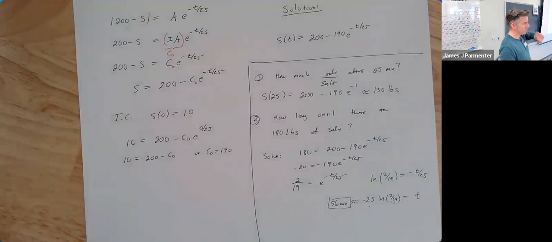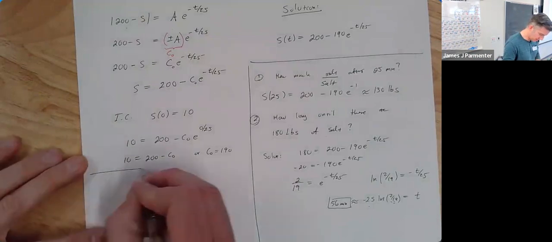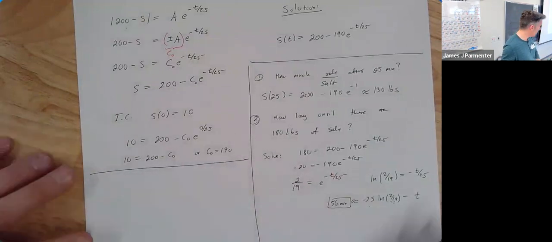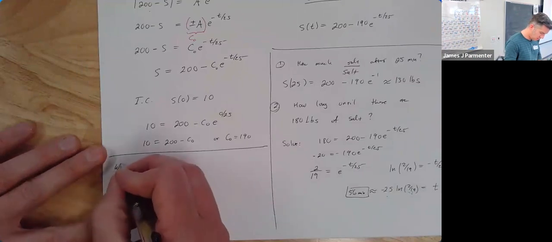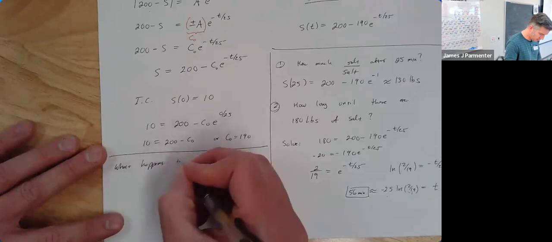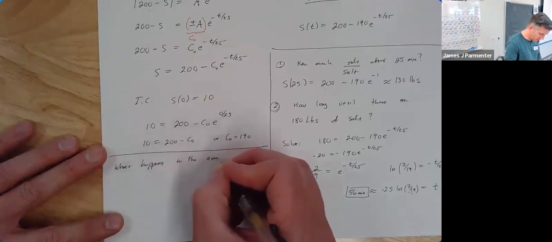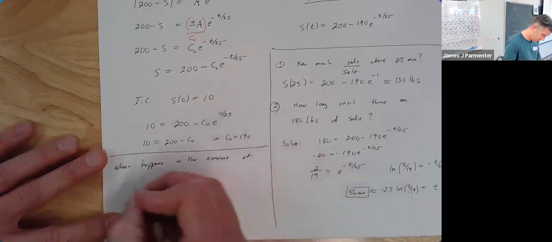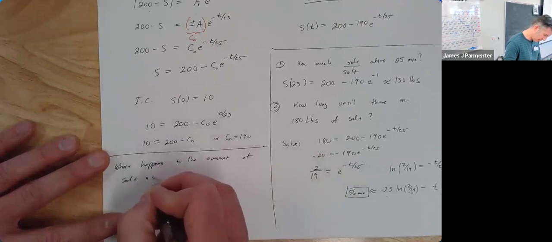So what I think is interesting about this is if you let this process keep running. The question that often comes up is: what happens to the amount of salt as time goes on?